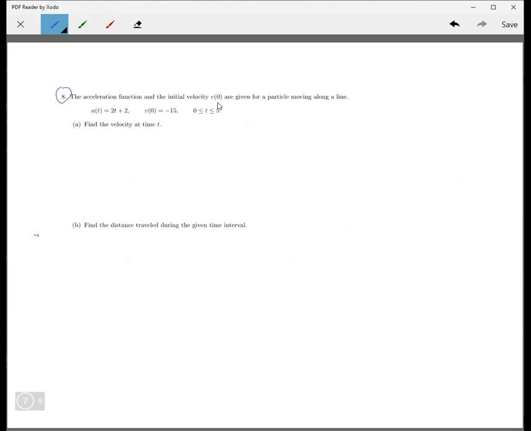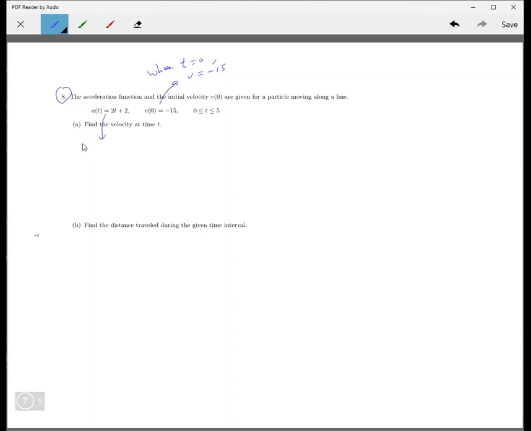Okay, the acceleration function and the initial velocity are given. So here's the acceleration, here's the initial velocity. When t equals 0, the velocity is -15. Okay, so let's find the velocity at time t.